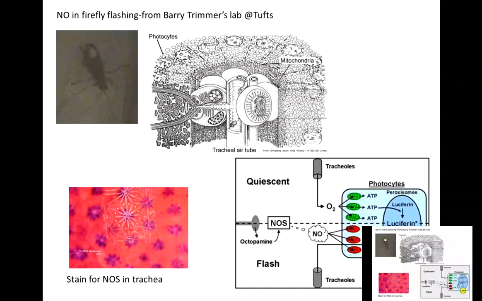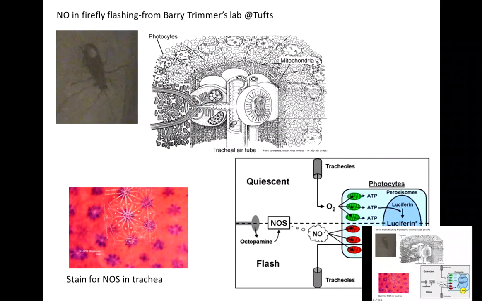Okay. Another aspect of nitric oxide signaling, which is kind of cool, is in fireflies. Hopefully we're going to see lots of these this summer in our backyards. And this flashing that you see in the firefly is due to nitric oxide signaling.